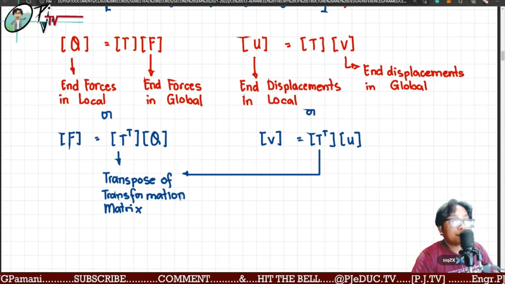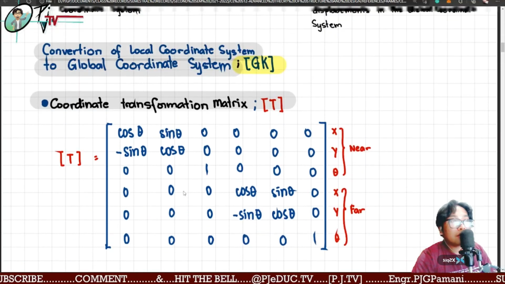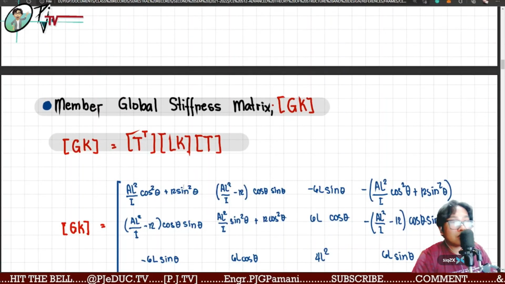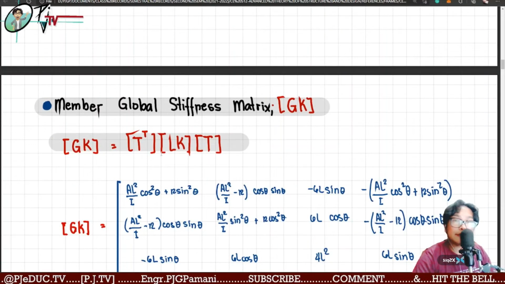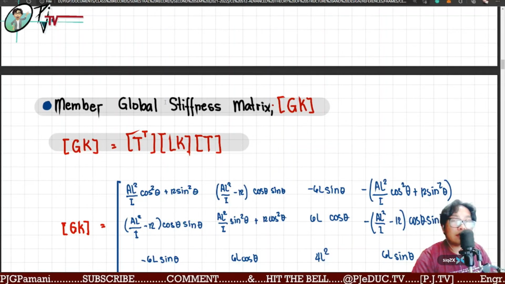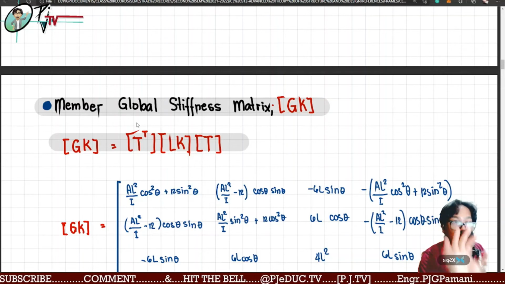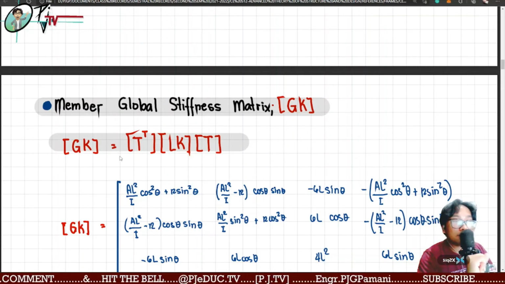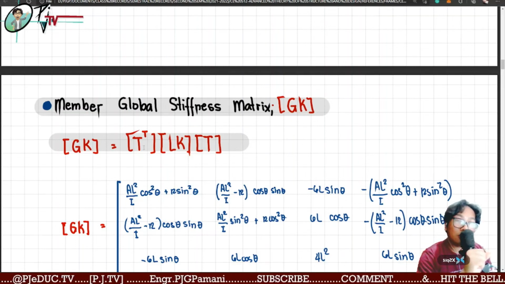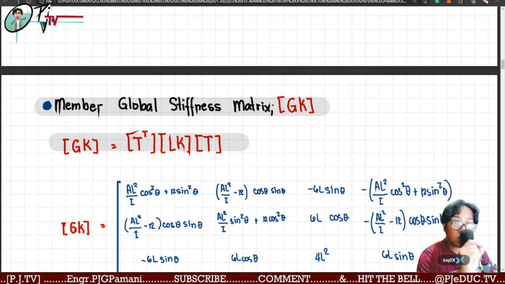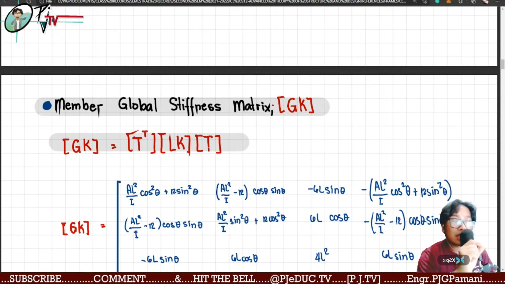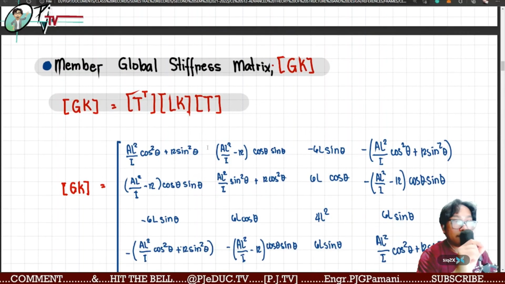Okay, after plotting or solving for the transformation matrix of the member, we can now solve for the member global stiffness matrix. Solving for the member global stiffness matrix using the shortcut or the formula is basically the product of the transpose transformation matrix of a member times the local stiffness matrix of that member times again its transformation matrix.